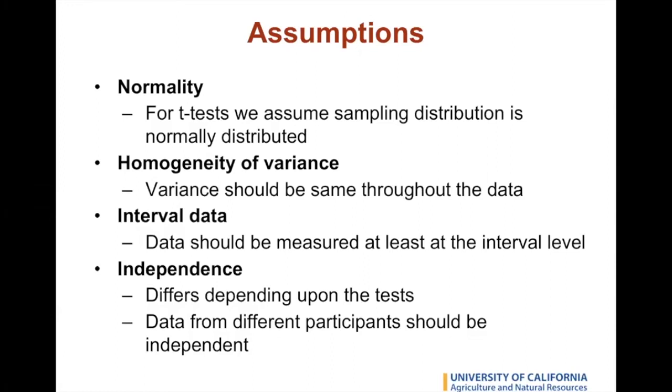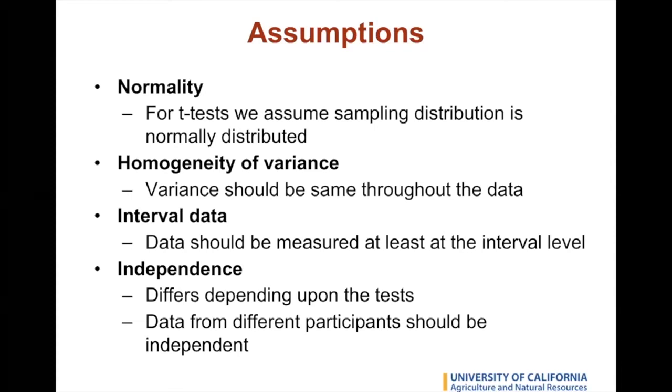So the question would arise, what is the minimum number of participants we need to make this assumption? Based on the central limit theorem, if we have 30 or more, the distribution could be normally distributed, and when the sample size increases, it tends to be normally distributed.